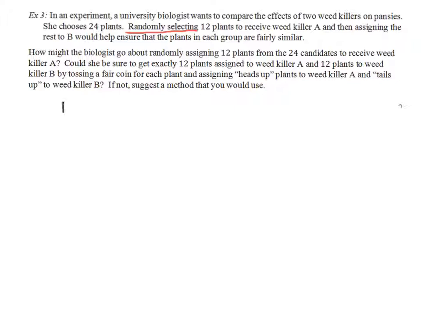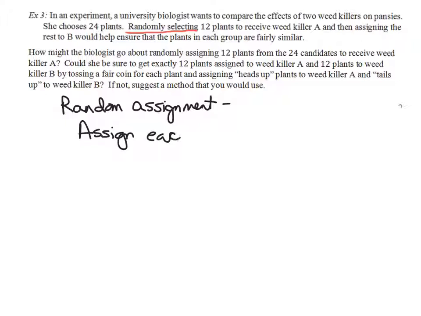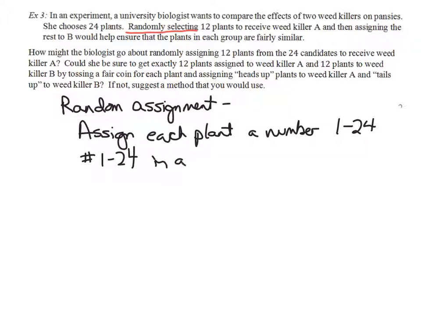Again, thinking about the idea that we have to have random selection here, or random assignment, I guess, would be what we want to talk about in this case. What we could do is assign each plant a number from 1 to 24, and then put the numbers 1 through 24 in a bag, and select 12 of the numbers.